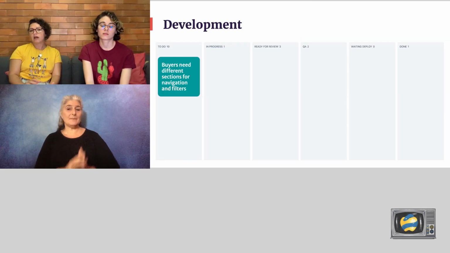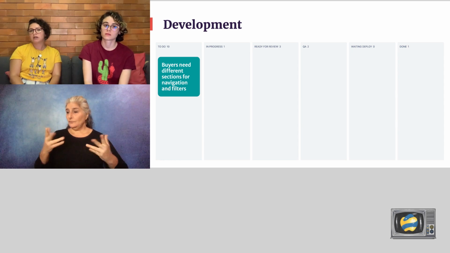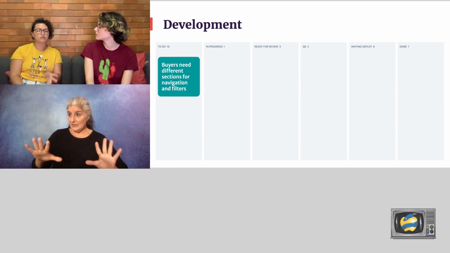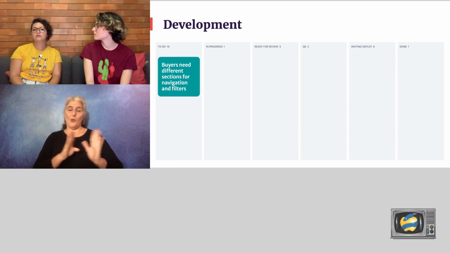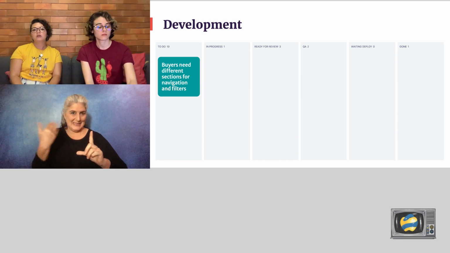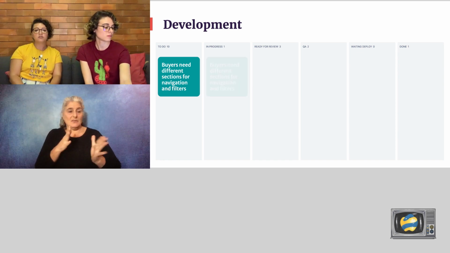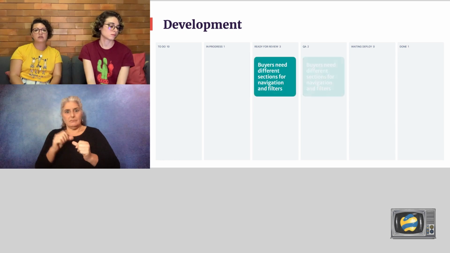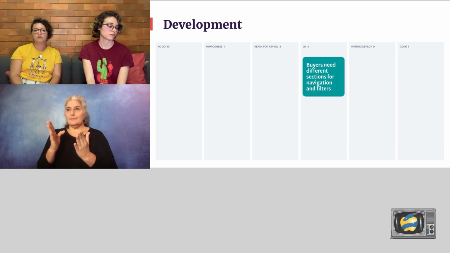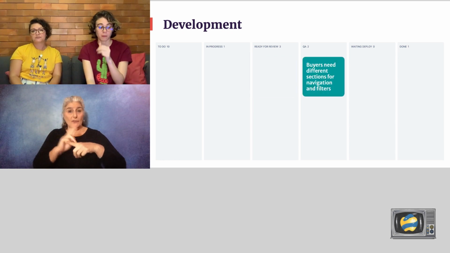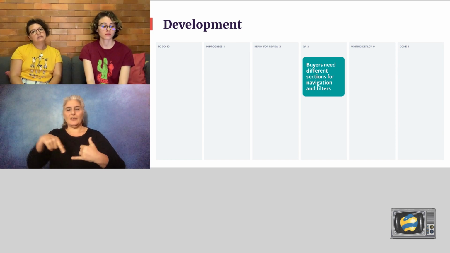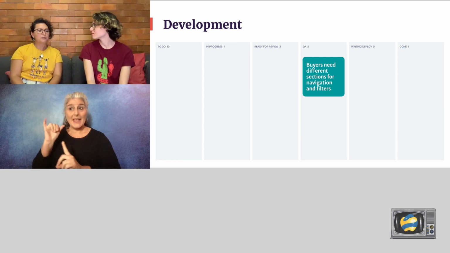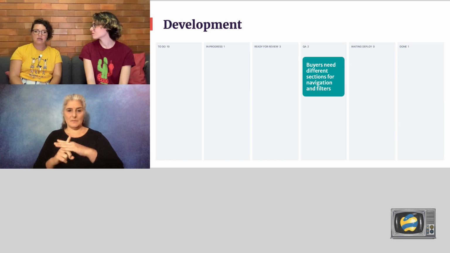So then after everything specified, we would go to the development board. This one you already know. So we have things to do. They go in progress. They go to code review, and they get QA'd. And that's where the problem begins again.